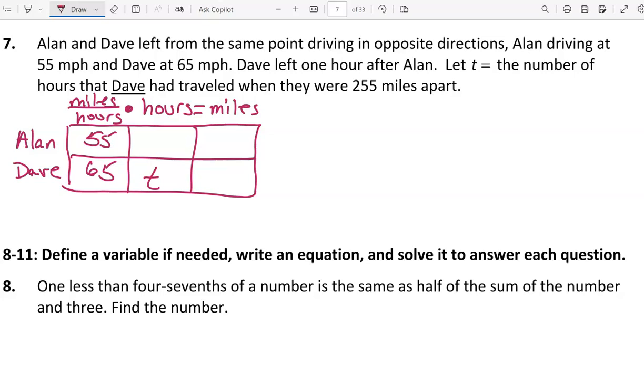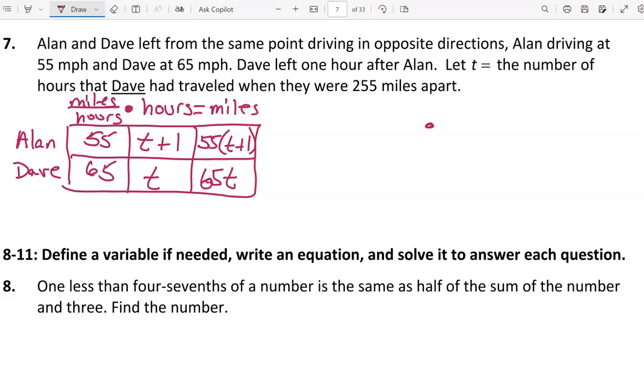Now Alan left earlier, right? Dave left 1 hour after Alan, so that means Alan was on the road earlier, which means Alan had 1 more hour to travel. The person who left earlier has more time to travel. Alan's time times his miles per hour is equal to the number of miles, and same for Dave. The rate times the time is equal to the distance.